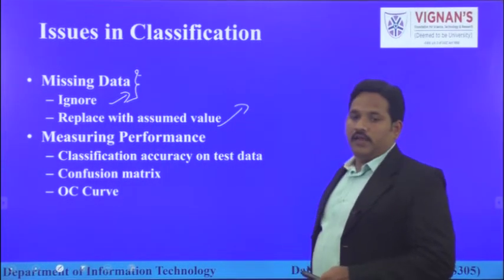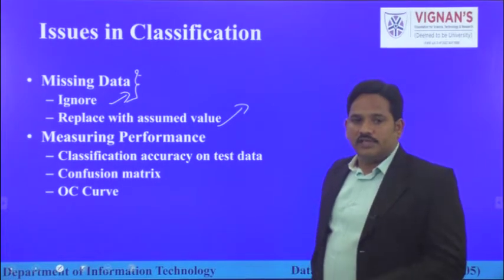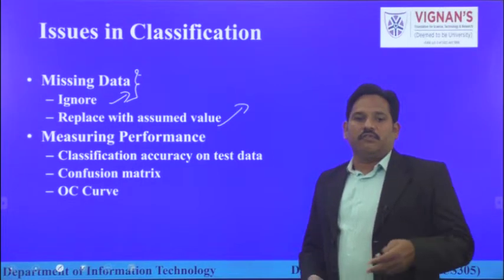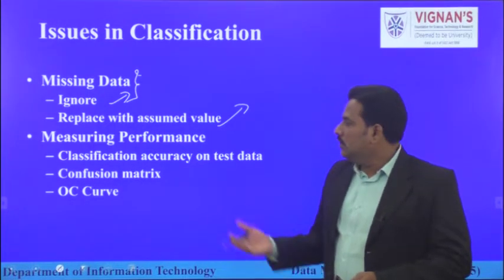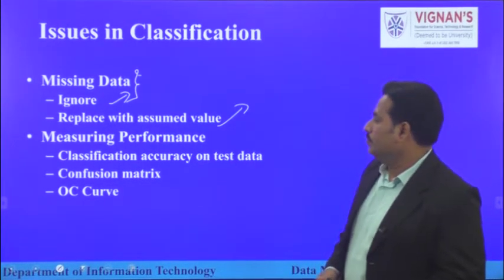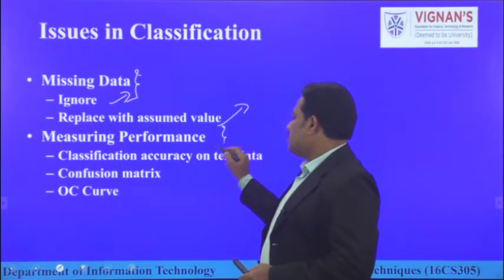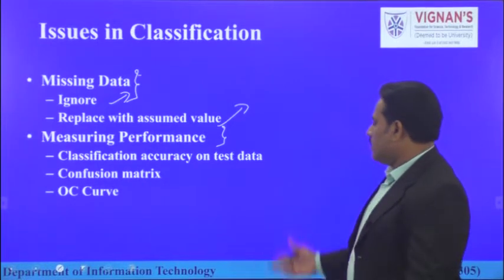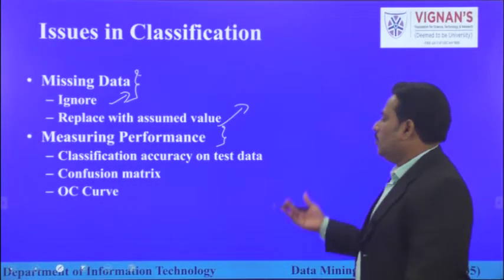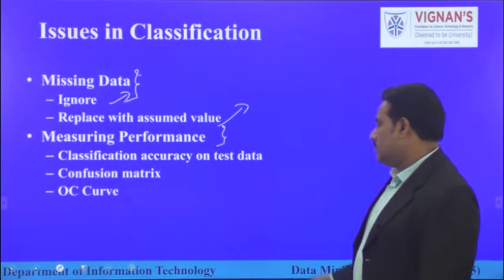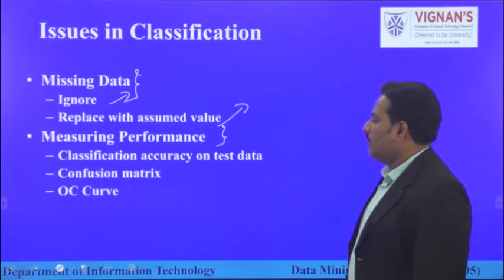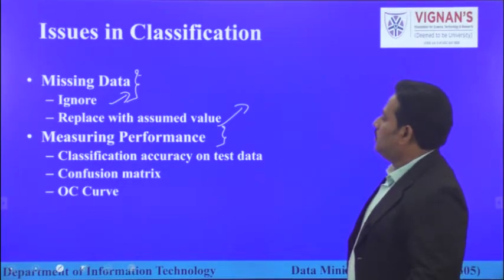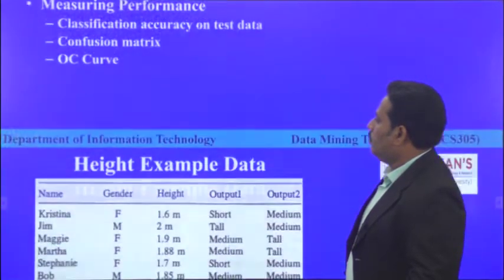Replace with assumed values, that means replacing with known values, with default values, or by taking the average or mean value, we can replace any one of the missing values. Or we can use some measuring techniques. In some cases we may use accuracy to test the data. We may generate a confusion matrix to measure the sensitivity, specificity and accuracy of the data. We can use operating characteristic curves. So these are the issues that will come during classification.